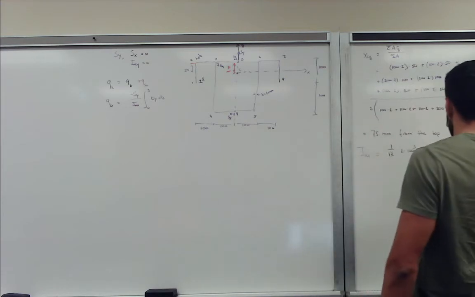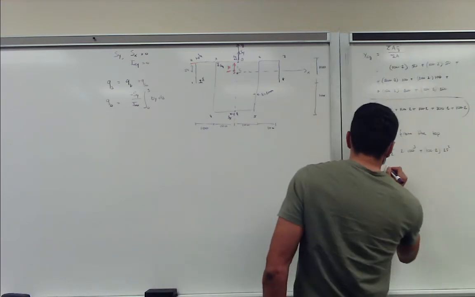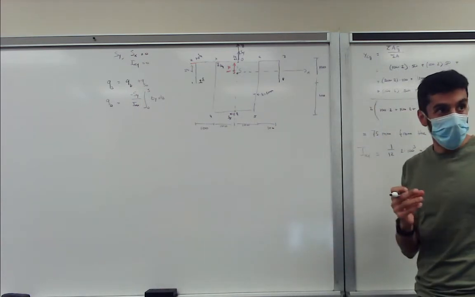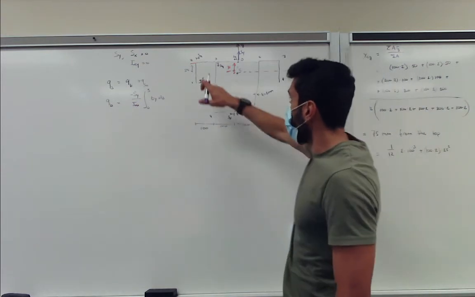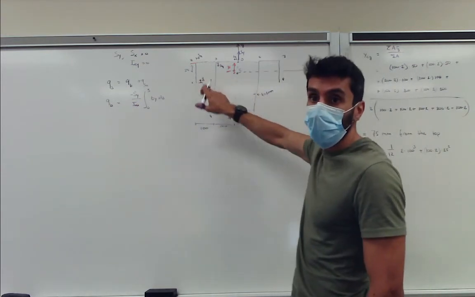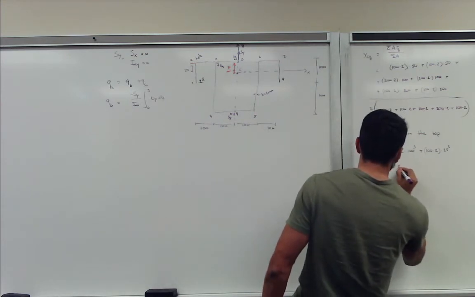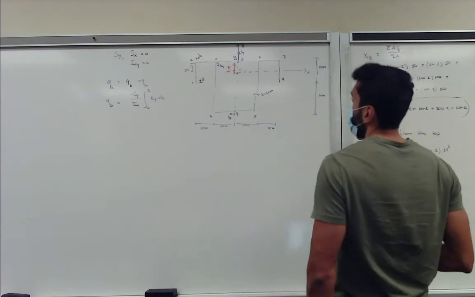So that's segment 1-2. Then segment 2-3, because it's thin walled, we get t to the power of 3, so that one disappears. But the Steiner term is still effective. So in this case, we get 100 times 2 multiplied by 75 squared.